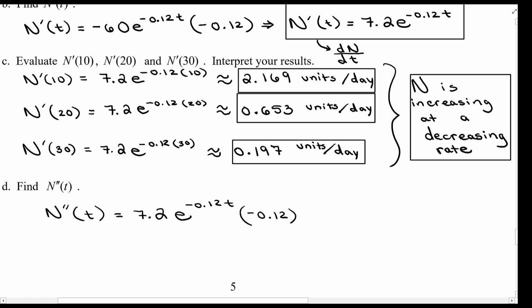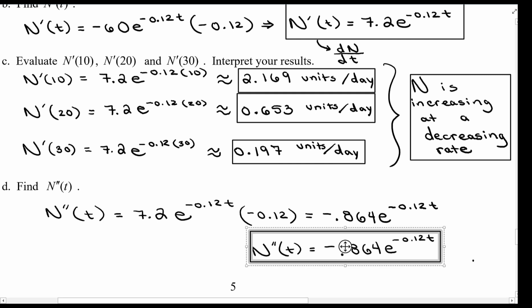And this is going to be equal to negative 0.864 times e raised to the negative 1200ths t power. And I'm just going to go ahead and rewrite that as n double prime of t equals negative 0.864 e raised to the negative 1200 t power, and box that in. That represents my second derivative.